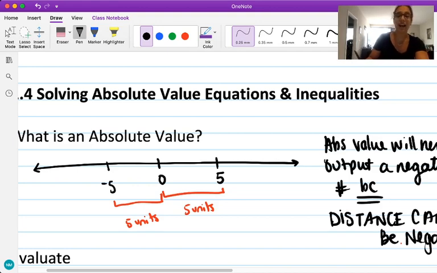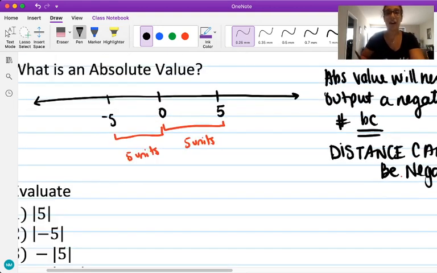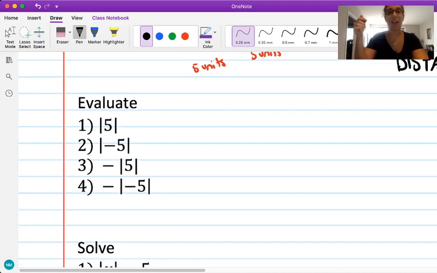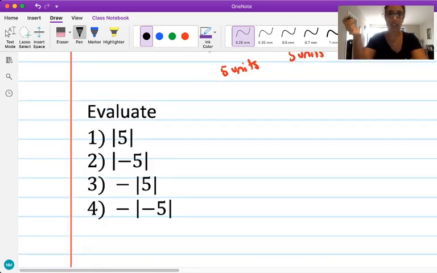So I cannot go -5 miles to school. It just doesn't work. You don't talk about quantity in the negatives. So you cannot have negative watermelons. You can't have negative miles, negative distance.